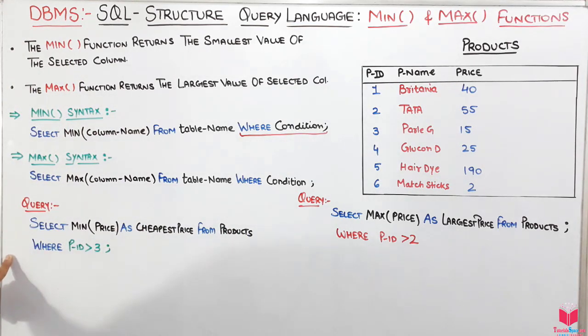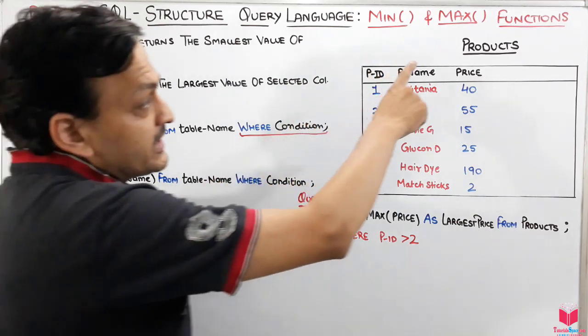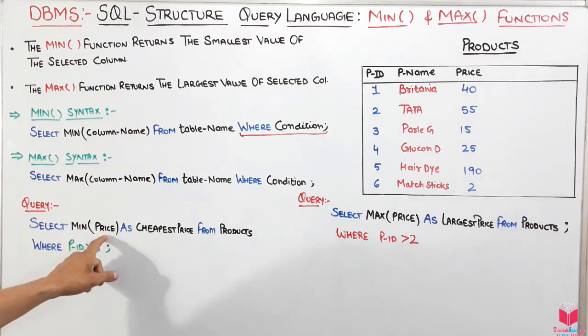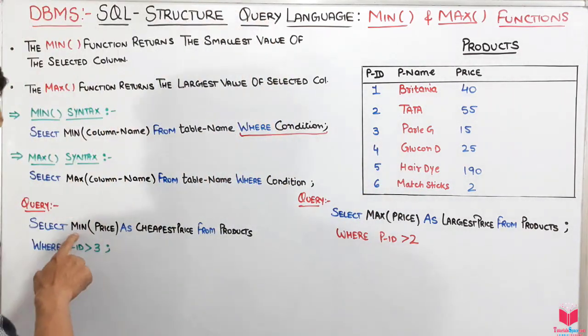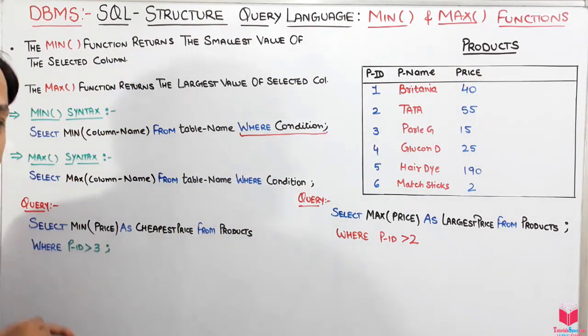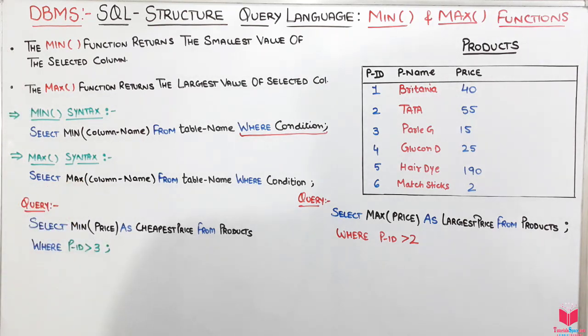Let's see an example query. SELECT MIN price. There is a table known as products, in which we have three columns: PID, PName and price. It is passing the price column into the min function, where it will fetch the minimum value from this price column.